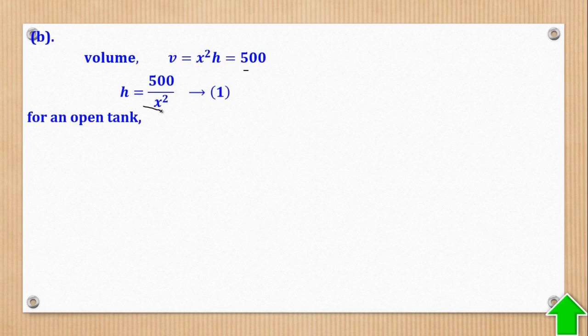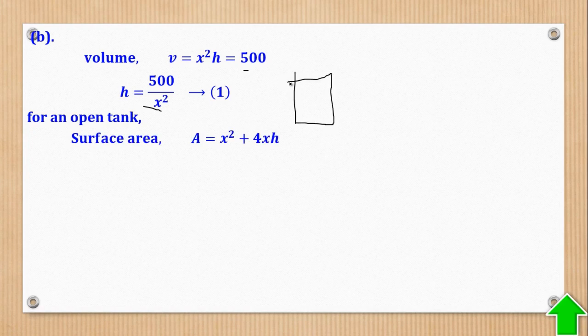What about for an open tank? The total surface area will be that. It will be, remember, so this is x, and this is also x, and this is h.